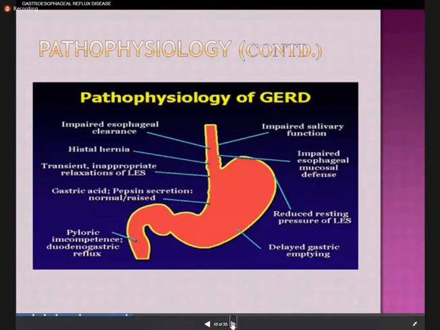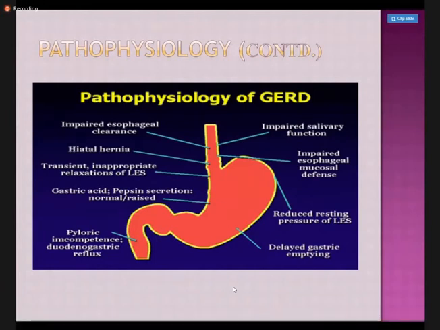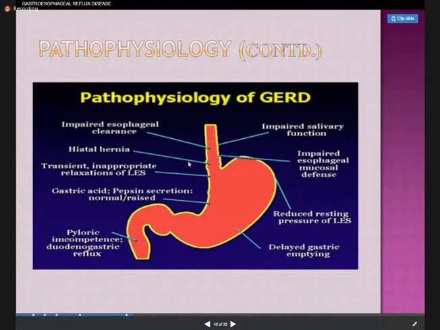Okay, so this is a cartoon which is going to show you the pathophysiology of GERD, which we have already discussed. Impaired mucosal clearance, impaired salivary function, hiatal hernia, impaired esophageal mucosal defenses, transient inappropriate relaxation of the LES, gastric contents, pepsin secretion, reduced resting pressure of the LES, delayed gastric emptying, and last but not the least is the pyloric incompetence or the duodenogastric reflux.